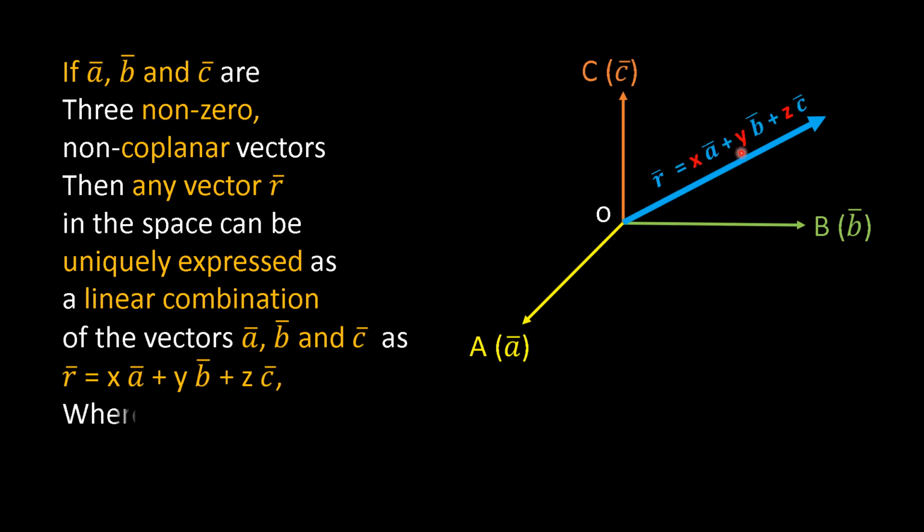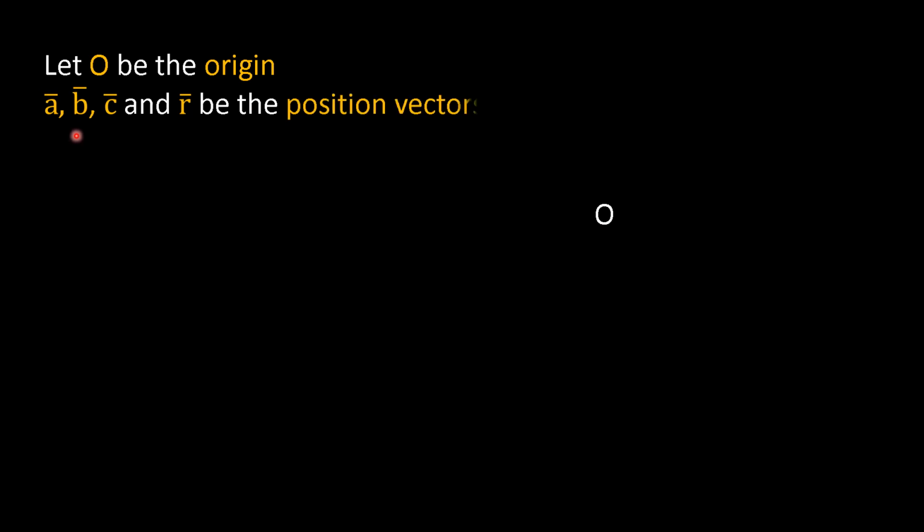Let O be the origin, this one, and A bar, B bar, C bar and R bar be the position vectors of the points A, B, C and R.